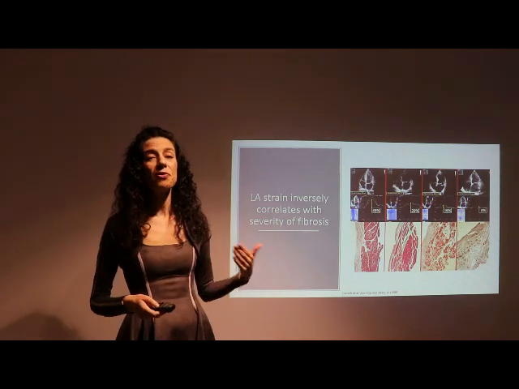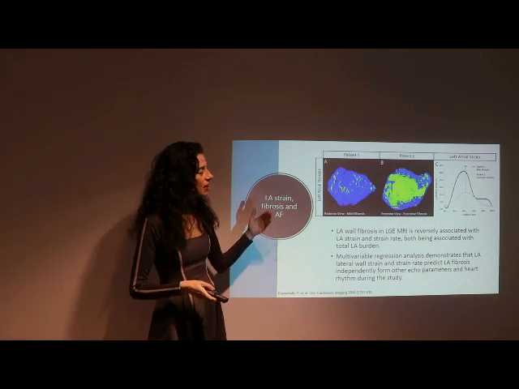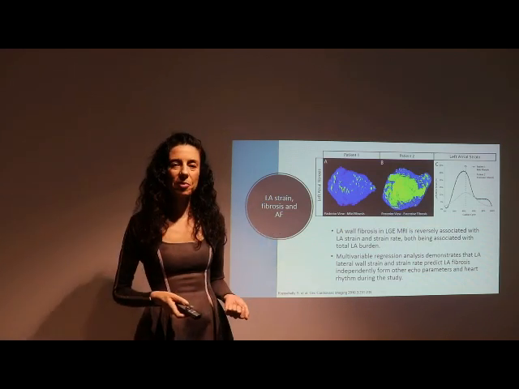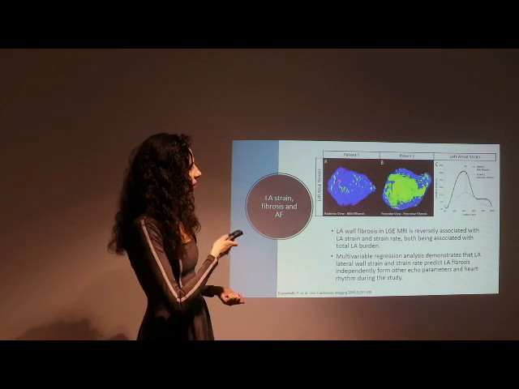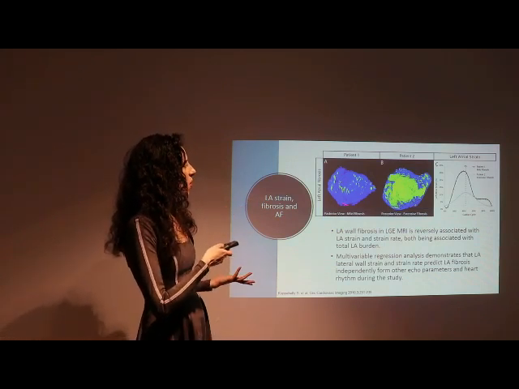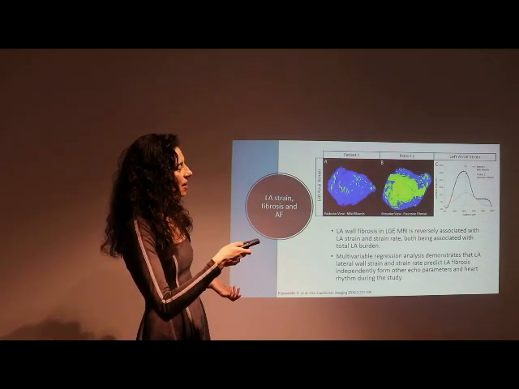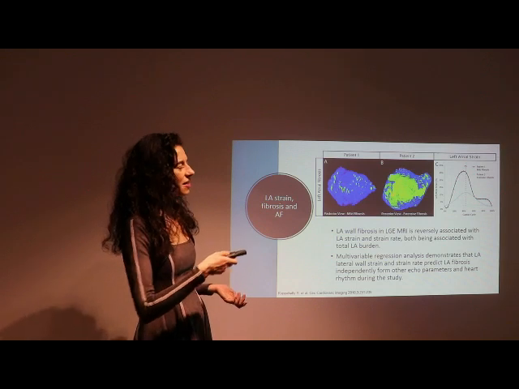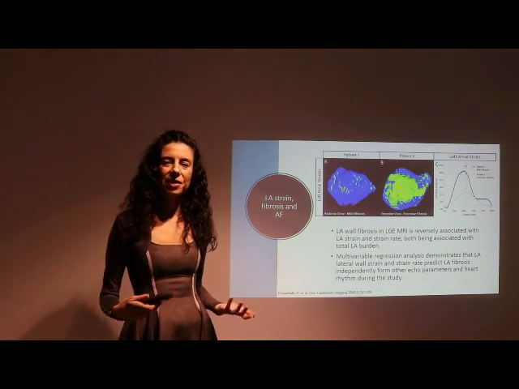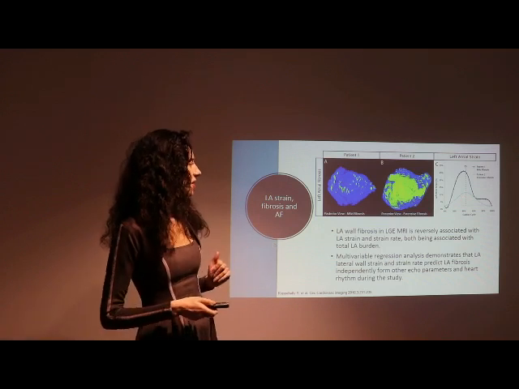This is an inverse correlation, and it is very nicely demonstrated in this MRI study with the figure representing two patients, one with almost no fibrosis and a very high strain curve, and the other with a large area of fibrosis and very diminished and flat strain curve.